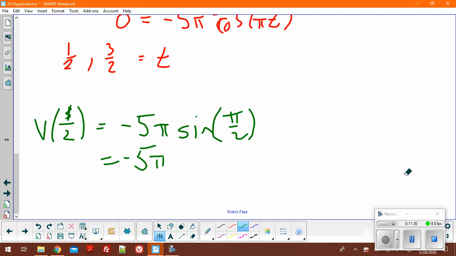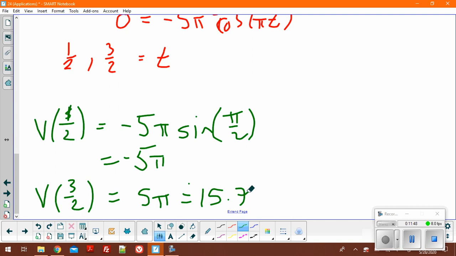Similarly, v of 3/2 is going to equal +5 pi. Getting the decimal equivalent, it's about 15.7. So for the fastest speed, the amplitude was in centimeters, so this speed would be in centimeters as well, centimeters per second. And that's pretty much it.